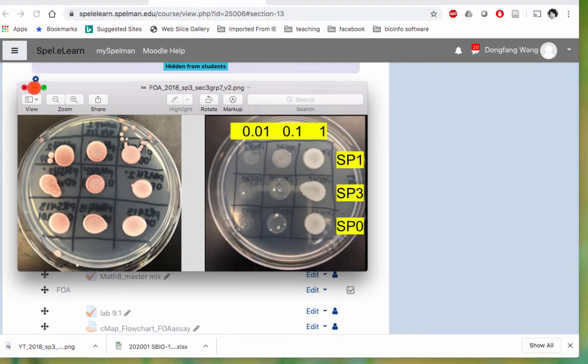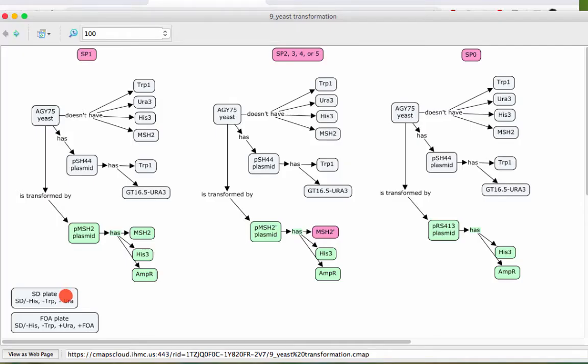So why is that? The SD plate we're seeing is missing three essential nutrients: histidine, tryptophan, and uracil. And we can see that the genes responsible for the production of those nutrients are missing in the yeast genome, right? So they're not here in all three yeast strains.